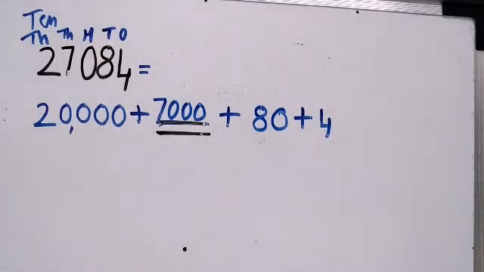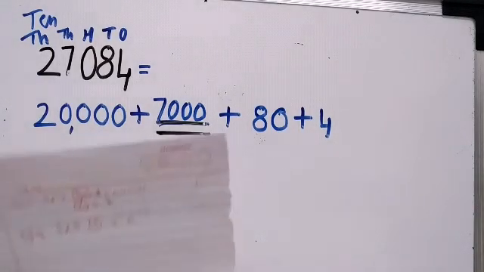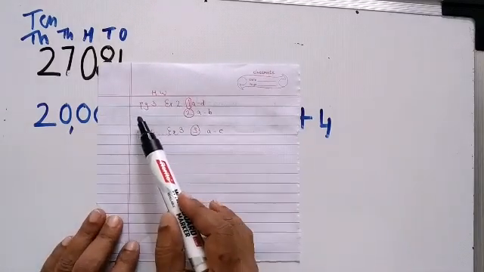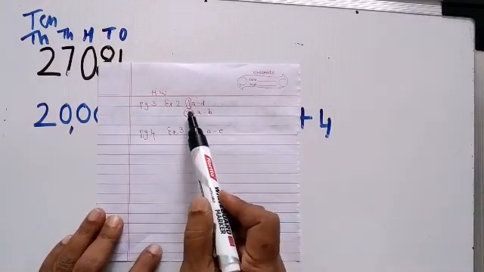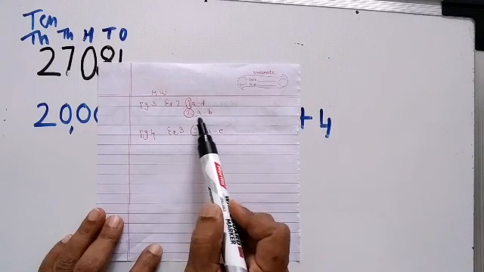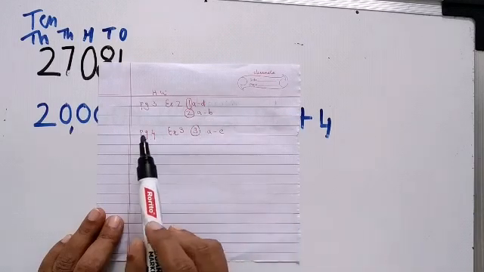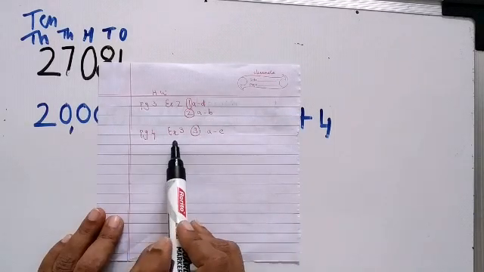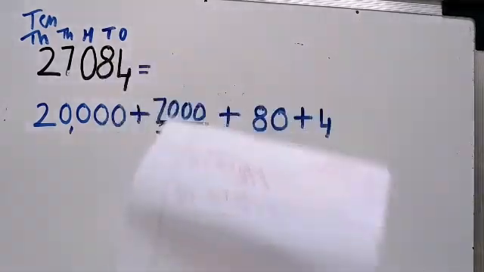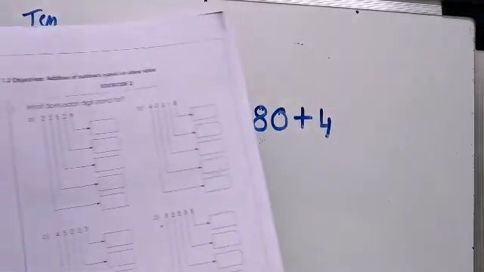Okay. Now for your home learning, you are going to do page 3, exercise 2, that is 1A to D. Then you will do exercise 2, that is 2A to B. And then you will do page 4, that is exercise 3, 3A to E. I will just show it to you.